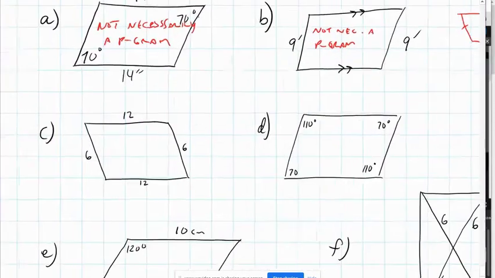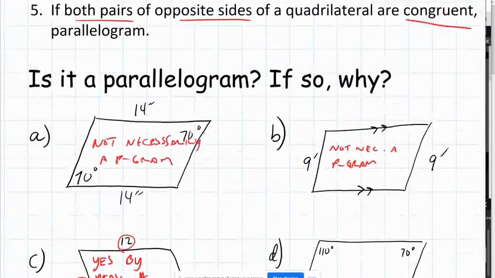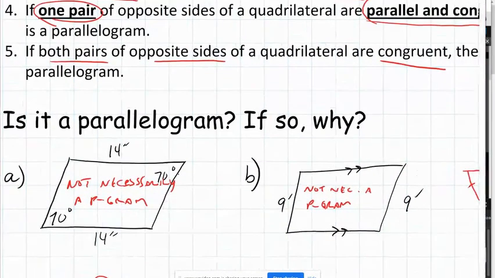Okay, for C, we have both pairs of opposite sides congruent, and so yes, by reason number, let's see, which one says both pairs of opposite sides are congruent? That's reason 5.